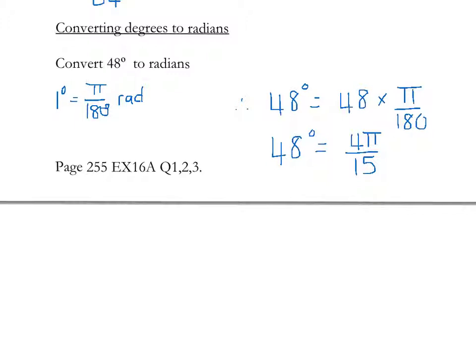Now if you're in maths mode on your calculator, you can actually convert between degrees and radians. You can check your calculations on your calculator to convert from degrees to radians and radians to degrees, and you'll find it at the bottom of your calculator above the ANS button, the answer button.